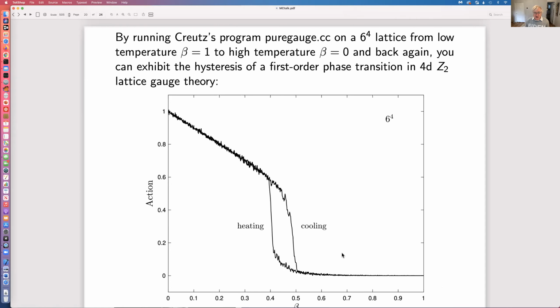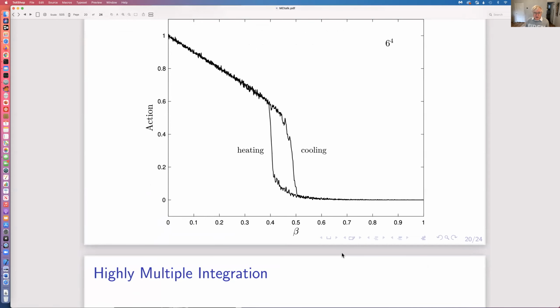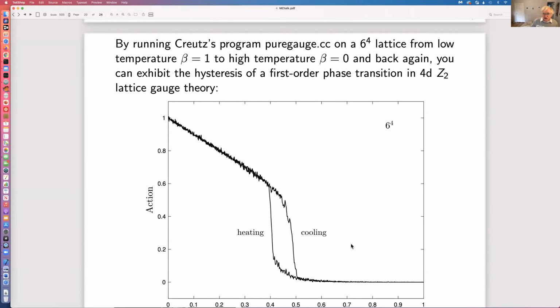You get this hysteresis loop, which is an indication of a first order phase transition. This program is particularly simple because it's just a very simple group, Z2, which has elements 1 and -1.